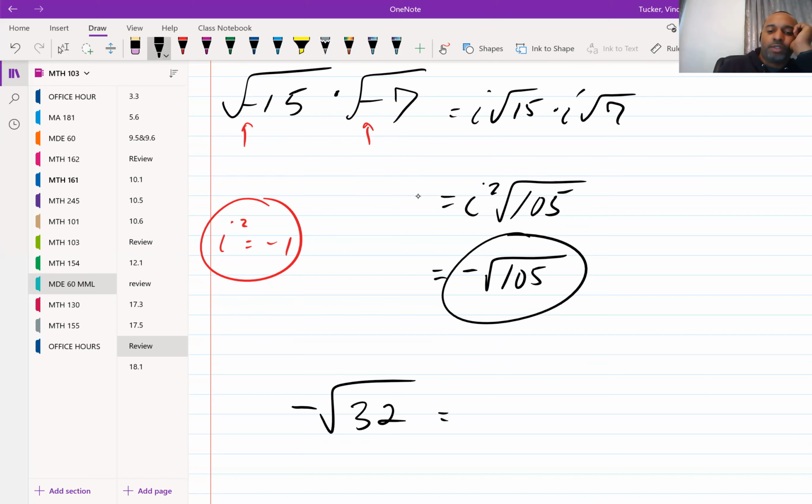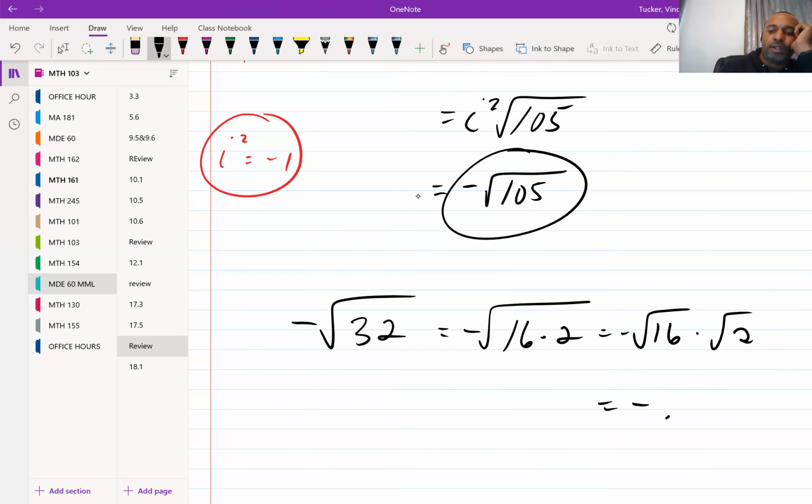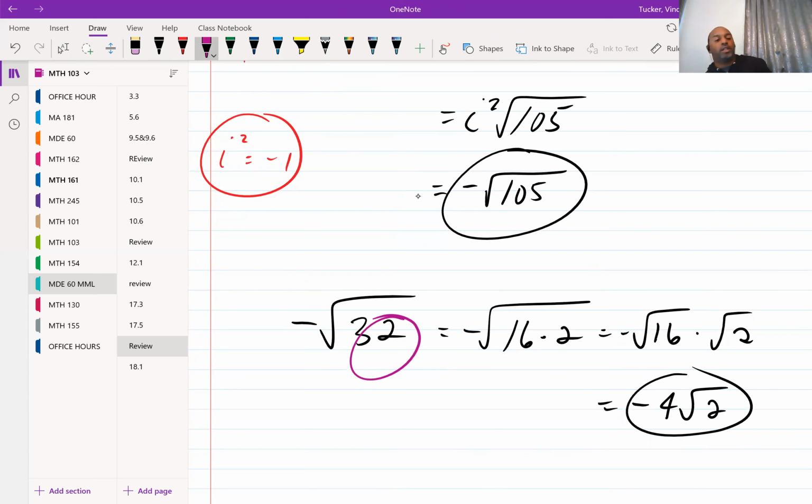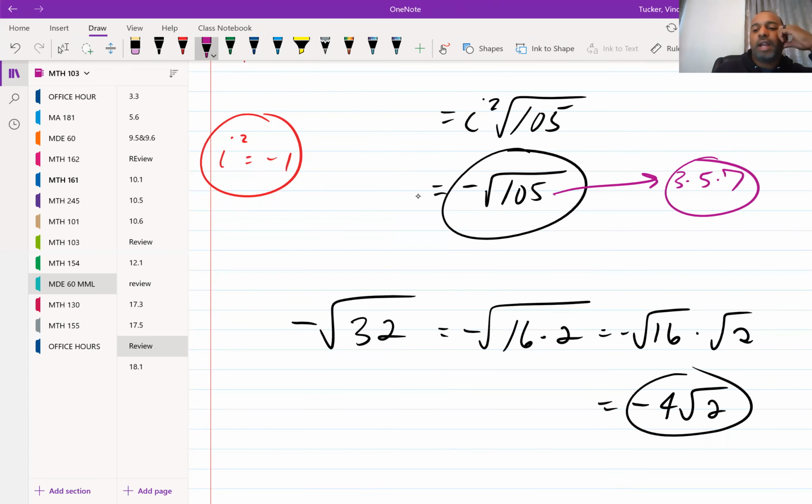I could break that into 16 times 2, take the square root of 16, and leave the 2 under the radical, and that's going to be negative 4 square root of 2. If you can take the square root of one of the factors of that number, then you are expected to do so. Here, the only thing we had was 3 times 5 times 7. I can't take the square root of any of those. That's why I left 105 that way.